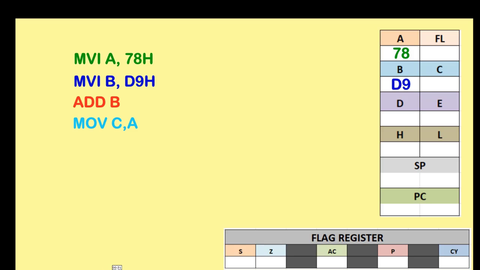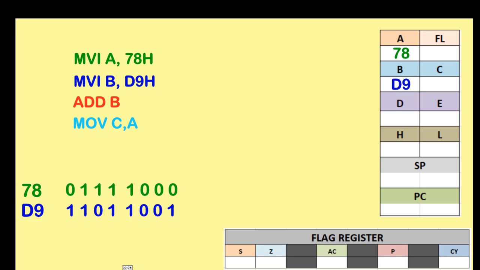Let us see what we get after addition. We write 78 in binary: 7 is 0111, 8 is 1000. D is 1101, and 9 is 1001. This is how we write D9 and 78.